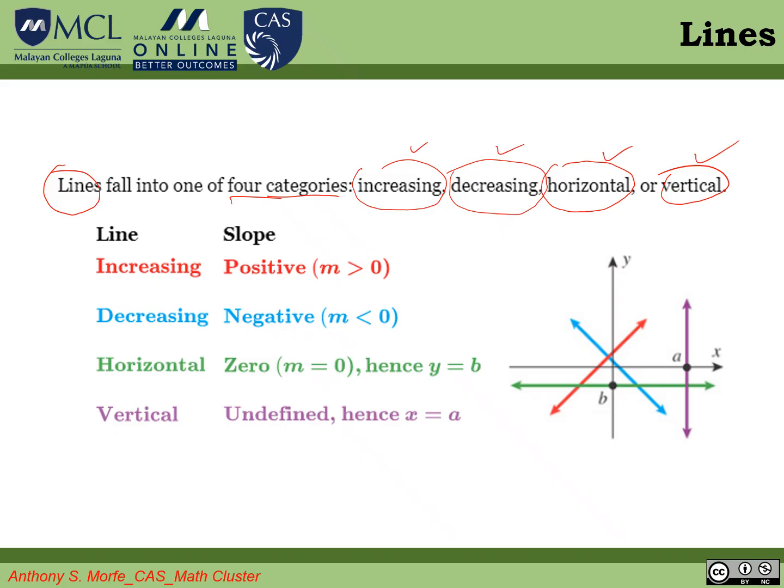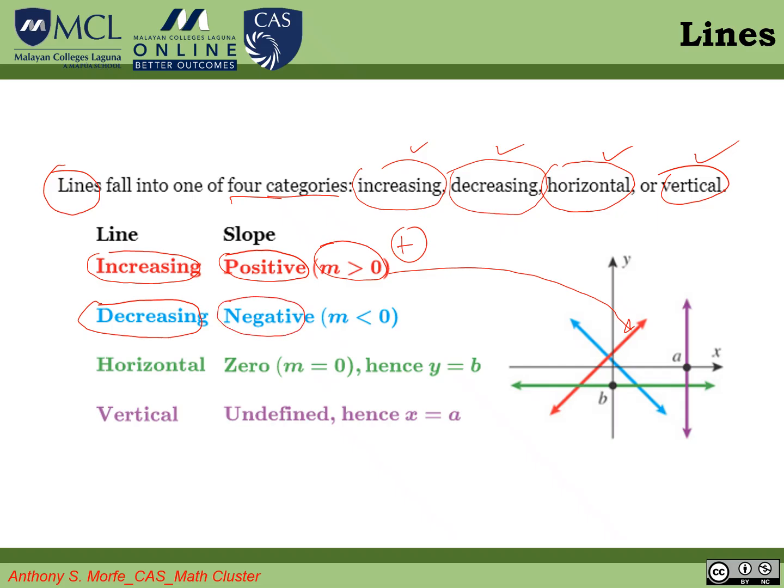If we find that the line is increasing, then the slope is positive, or m is greater than 0. So the slope is positive, and this is represented by this line. And if the line is decreasing, then we expect that the slope is negative, or m less than 0. So the slope is negative, and this is an example of that kind of line.